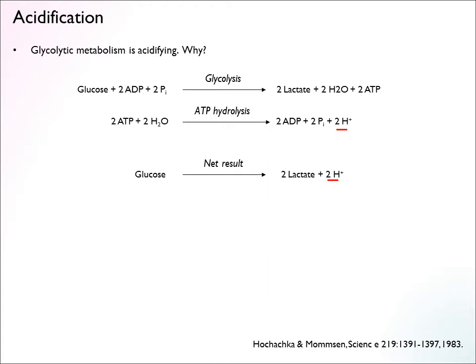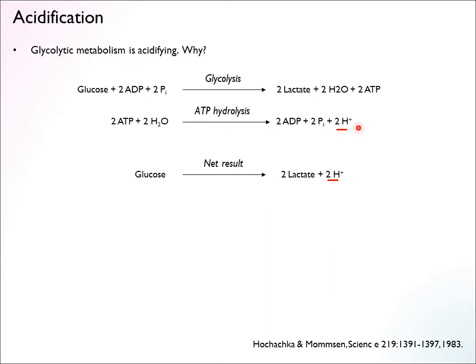But there is a problem with this mode of metabolism, because the ATP that you produce in glycolysis, if the cell is relying entirely on this in anaerobic metabolism, has to be used. And when ATP is hydrolyzed in any reaction that requires ATP, like a proton pump or protein synthesis or something like that, it generally produces 2 protons.